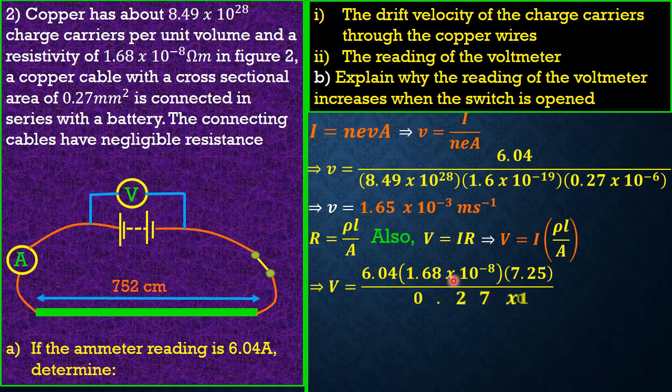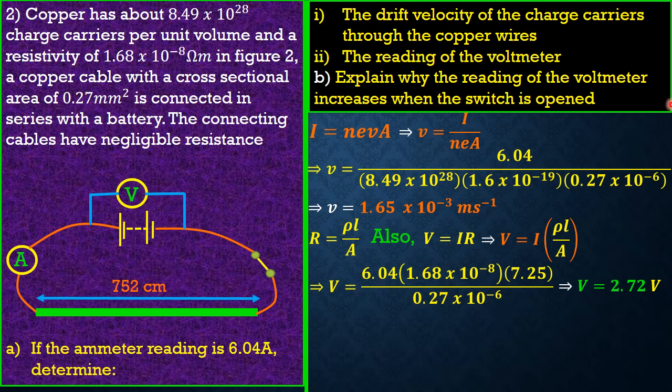If we plug in all the values, V is I, which is 6.04, times rho, which is 1.6 times 10 raised to the power negative 8, times L, which is 752 centimeters. Putting that in meters by dividing by 100, we have 7.52. Then our cross-sectional area, when converted to meters squared, is 0.27 times 10 raised to the power negative 6.